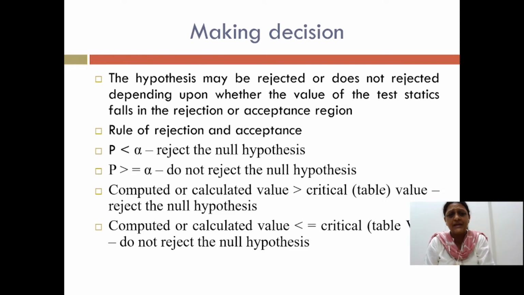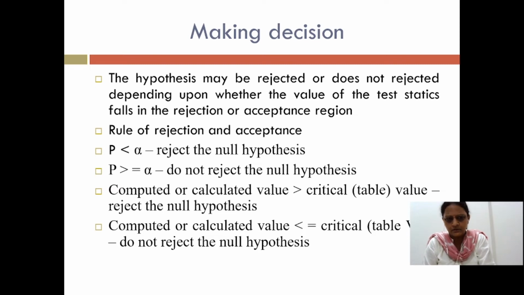And if our p value is greater than our level of significance, we do not reject the null hypothesis. Be mindful, we never write that we accept the null hypothesis. Because to avoid the type 2 error, we always write we do not reject the null hypothesis.